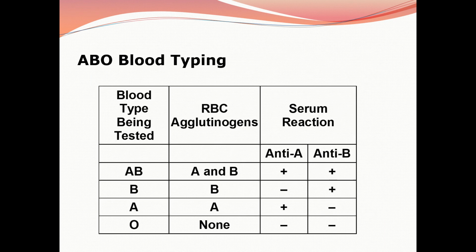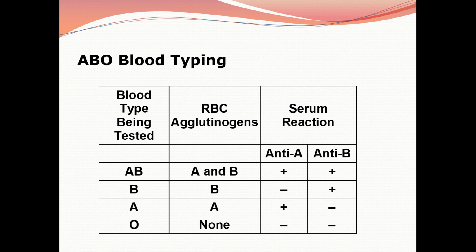This table summarizes the ABO blood types. In AB, the agglutinogens are A and B, and the serum reaction will show neither anti-A nor anti-B. In B, the agglutinogen is B, and the serum reaction will be anti-A positive and anti-B negative.